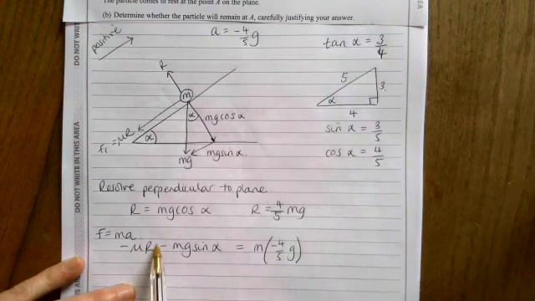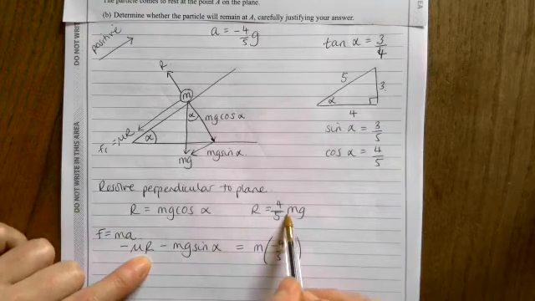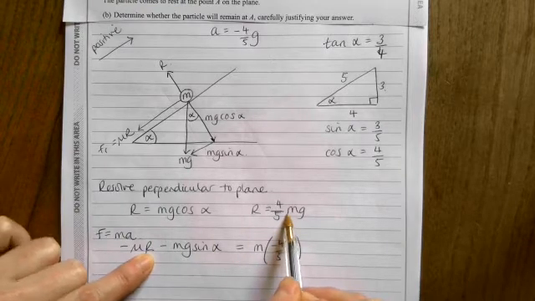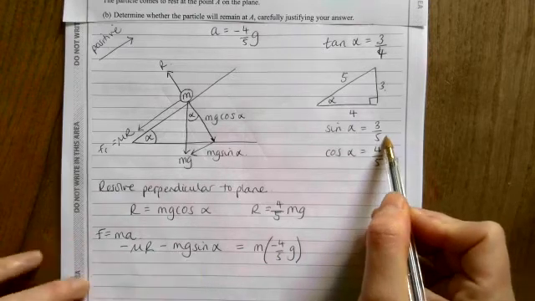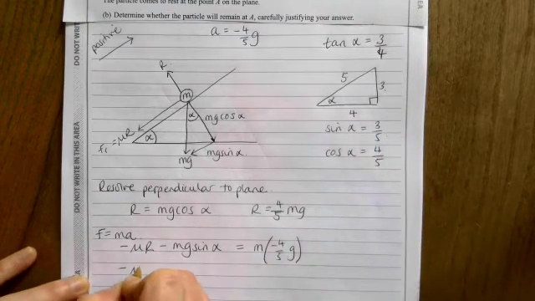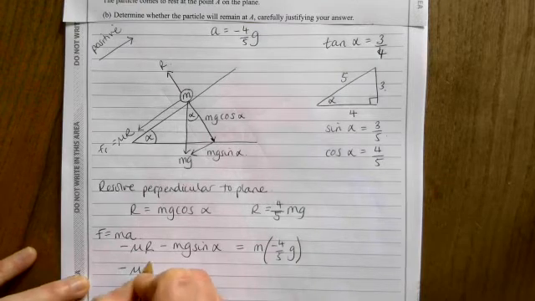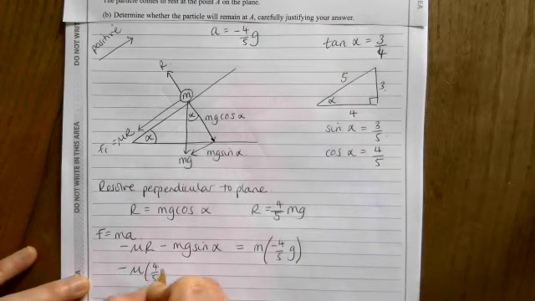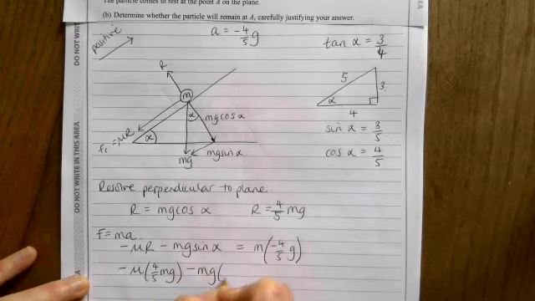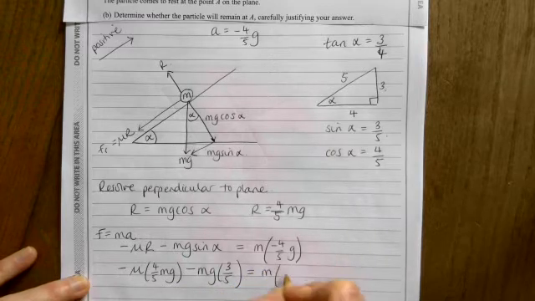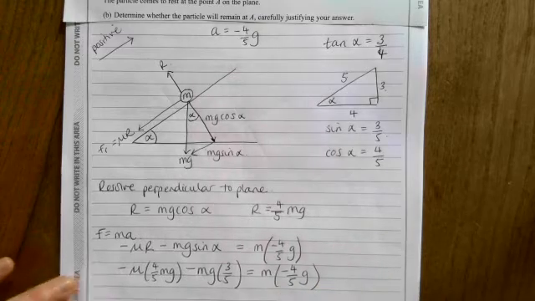I'm just going to tidy this up. I'm going to substitute 4/5 mg in for R, and 3/5 in for sine alpha. So I get negative mu times 4/5 mg, take away mg times 3/5, equals m times negative 4/5 g.